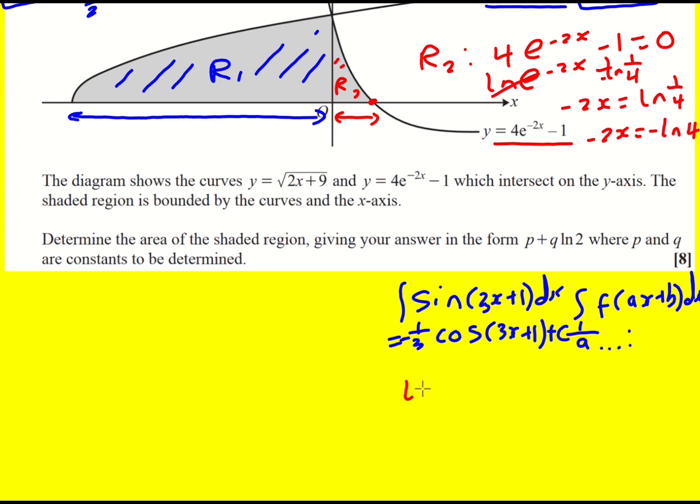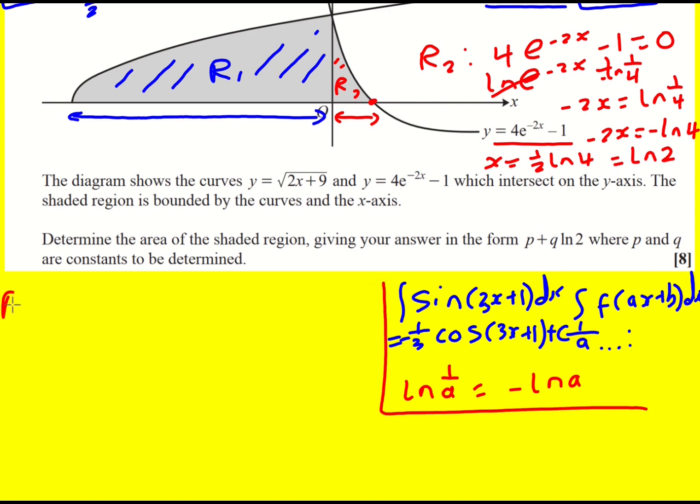What I'm saying really is whenever you have ln of 1 over a, or log of 1 over a, you can just write it as minus ln or log a. And that's going to be useful here. So then x will equal a half of ln 4. I can bring this up and square root it. It's actually just going to become ln 2. It's quite a technical little thing we've got to do there, but that is going to be our upper limit.